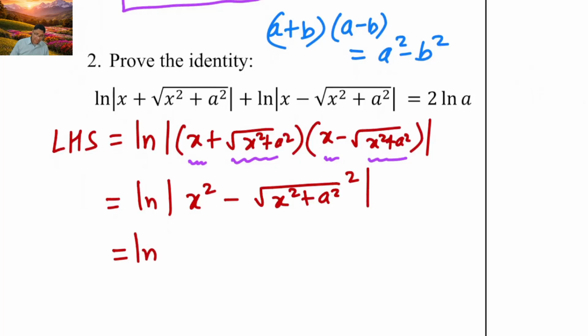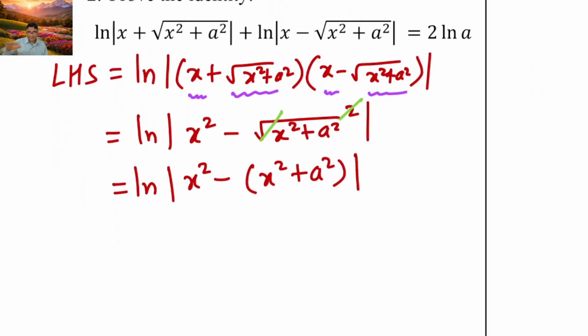Equals ln of x squared minus, now the under root and square cancel. What do I get? I have to use parentheses. This is super important because I'm subtracting, after cancelling we are left with x square plus a square. That expression is being subtracted.